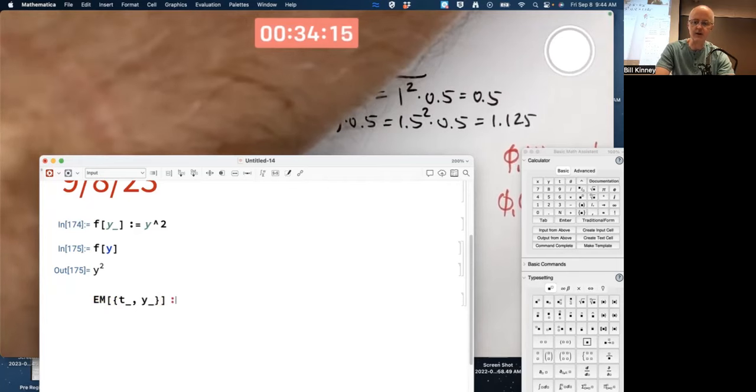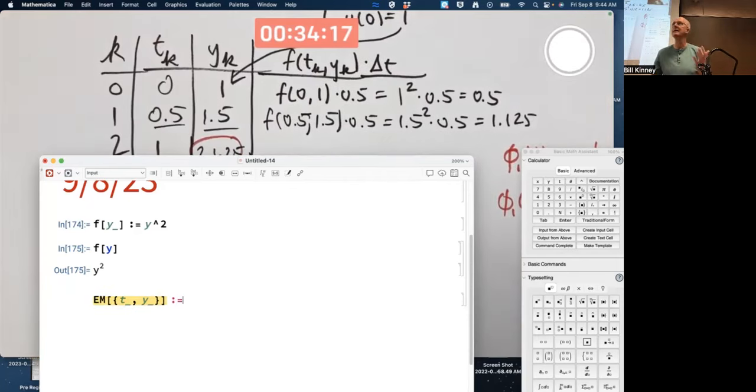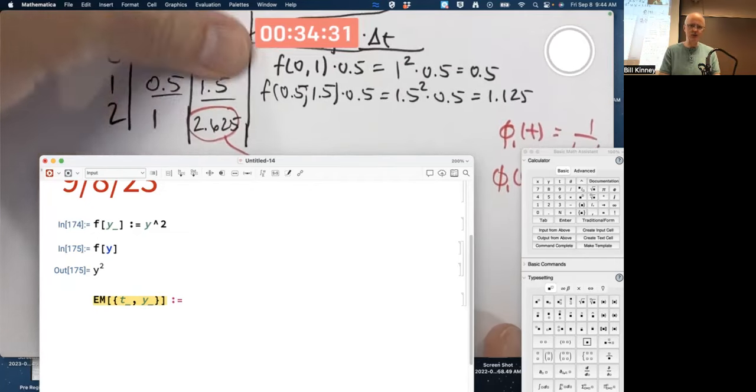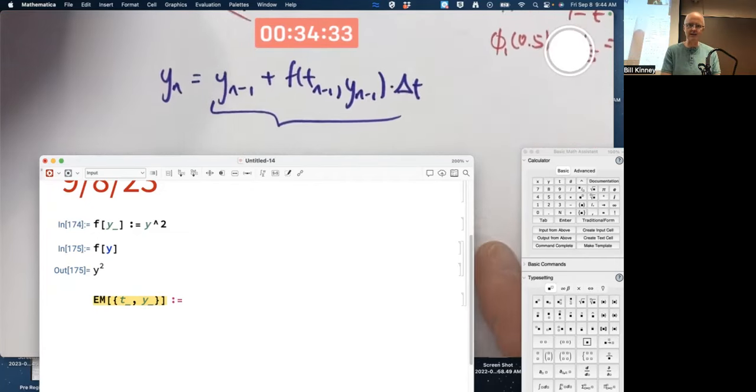I'm defining this function for the first time, and so I need the underscores. Effectively, this list with a t-coordinate and a y-coordinate, you could think of as being a two-dimensional point that's being plugged into this function. Why do I need a two-dimensional point? Because in general, I need to know t and y.